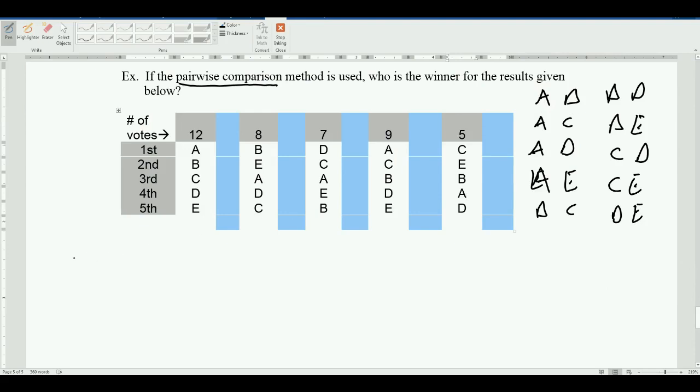So let's just do this. Let's do A versus B first. Looking at these 12 votes, A versus B, who wins? A does, so A gets those 12 votes. Now for these 8 votes, who wins? B does, so B gets those 8 votes. Here, A wins, so A gets those 7 votes. And for those 9 votes, A wins, so A gets those 9 votes.